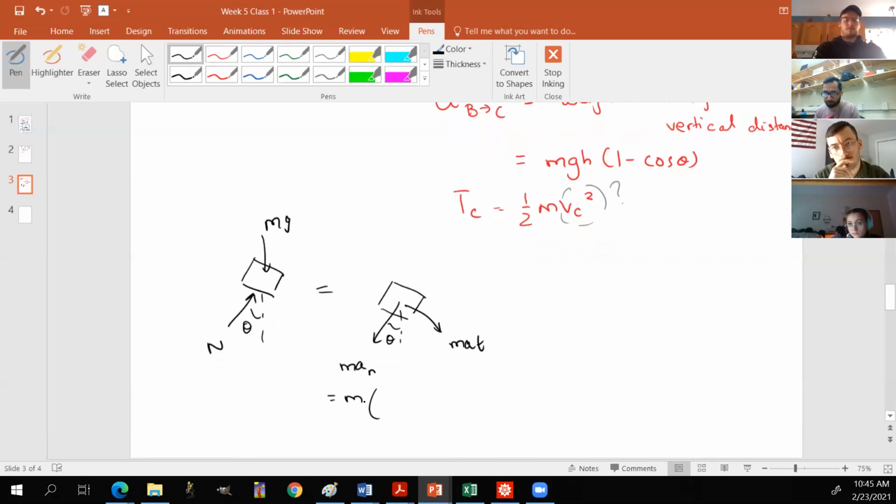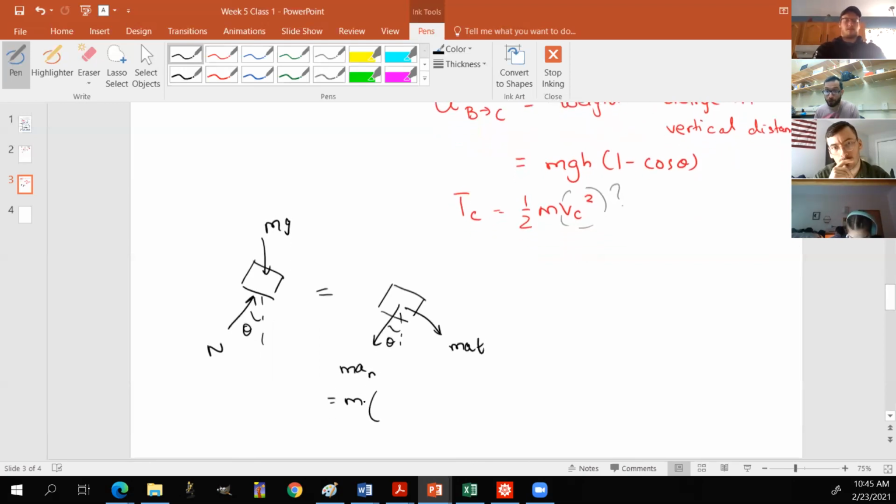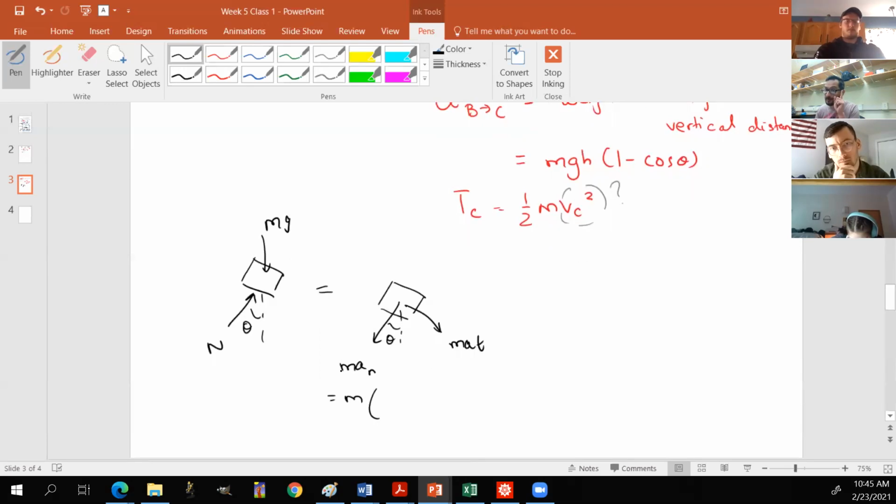Do we have an origin? No, you don't have an origin. You're looking at normal and tangential components, the path. What's the normal acceleration equal to? Yeah, v squared over rho, right?